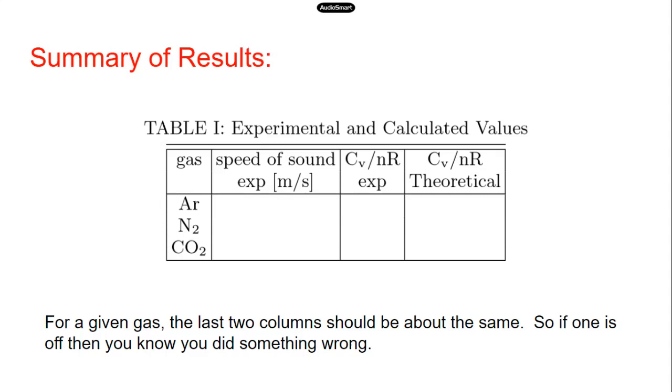So you have to add all those together and you get some number. The values in these two columns should match very well. If these don't match, you did something wrong.